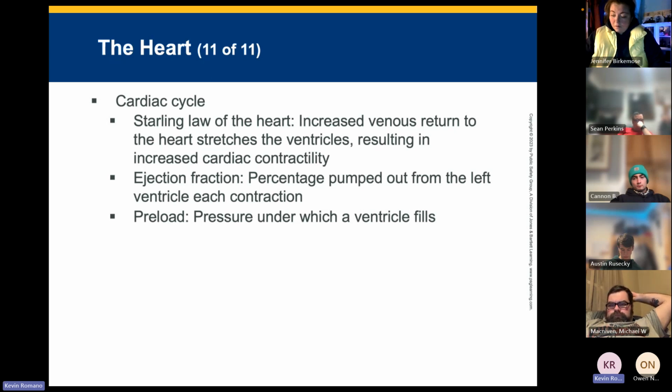So why is that important? When we start talking about right-sided MIs, inferior wall STEMIs, they do not have an afterload issue, they have a preload issue. So giving a patient nitro that has a right-sided MI or an inferior wall will cause the tank to become bigger with no fluid in it.